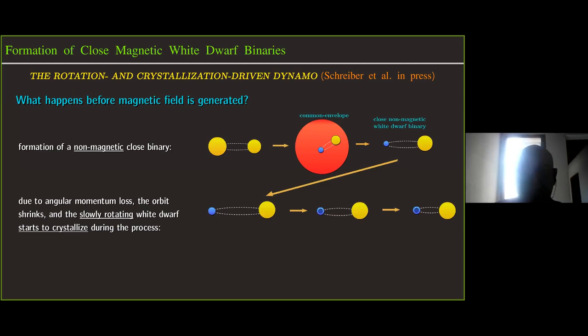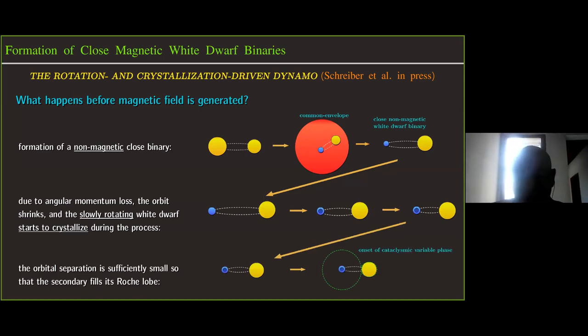Then because of the angular momentum loss, the orbit shrinks, and during this process, the white dwarf may eventually start to crystallize. And also eventually the secondary fills its Roche lobe, and then we have the onset of the CV phase. We have the onset of mass transfer.